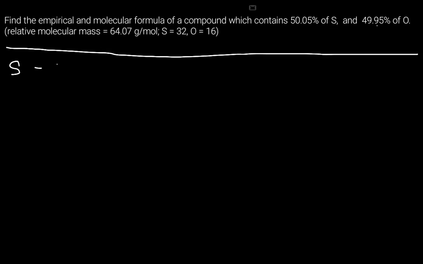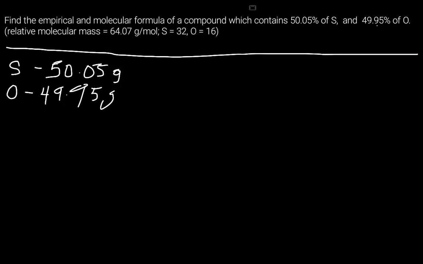So our sulfur will be 50.05 grams, while oxygen will be 49.95 grams. Then we're going to convert these masses to moles.